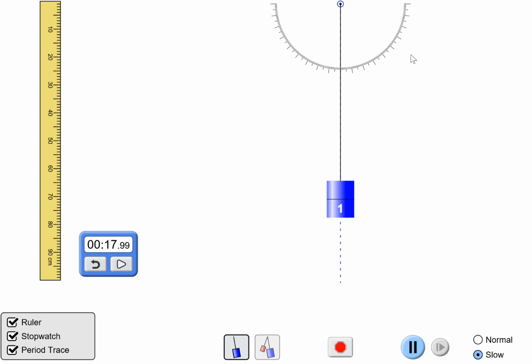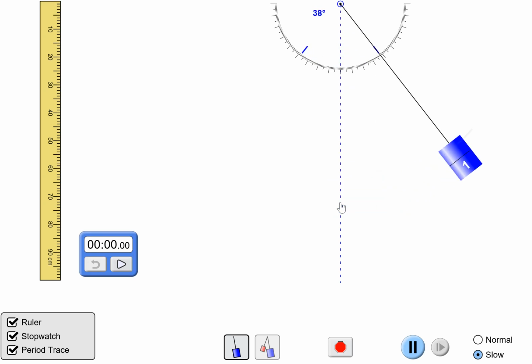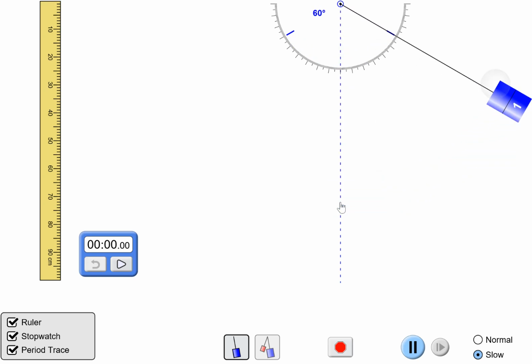Still, I'll try to take only one reading, meaning I'll try to find the time taken for one oscillation, right? I'm resetting my stopwatch to 0 and this is my pendulum. I'll again put it back to 60 and let us see how much time it will take for one oscillation to be completed.